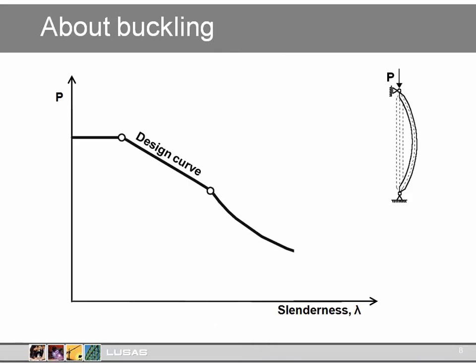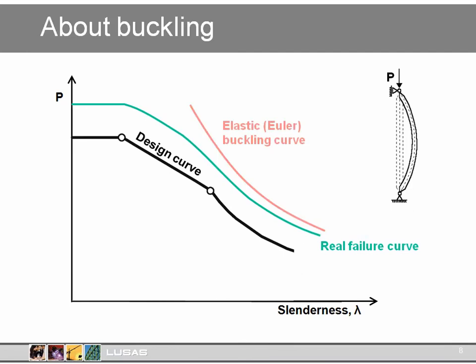In AASHTO, or any other design code, the intention is that the design curve is conservatively below the real failure curve, according to some reliability index, and we recall that the real failure curve is in turn below the Euler buckling curve, showing us the load which would cause instability in a theoretical member with no imperfections, no yielding, and so on, and below the force which would cause yielding in stocky members.